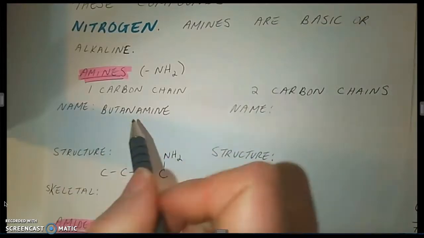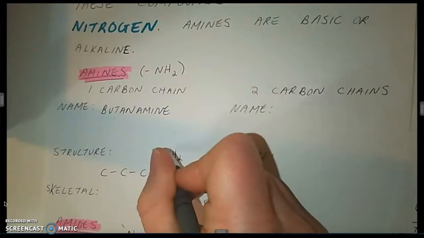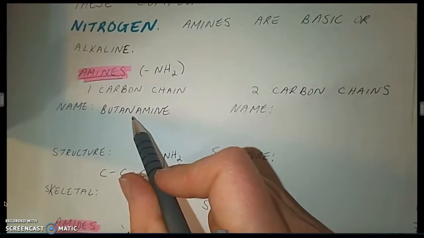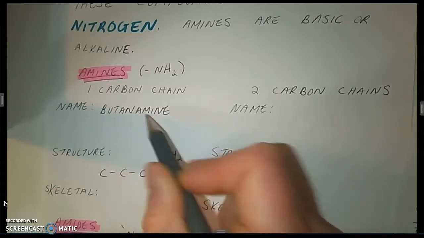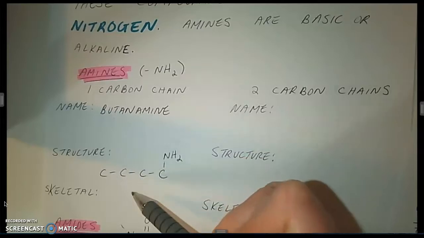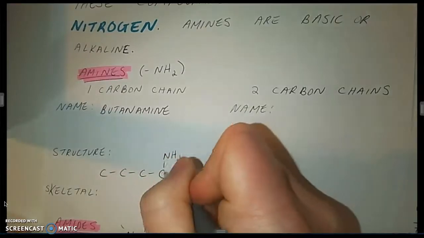I could have called this butan-1-amine to be really clear, but usually you'll see it written without the 1. The rule is you only include a number if it's somewhere else on the chain, not on the end. So this would be butanamine.